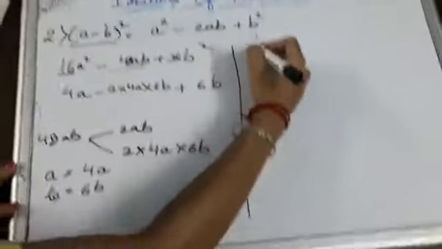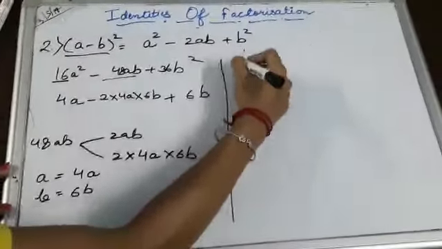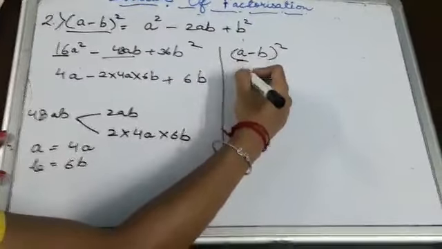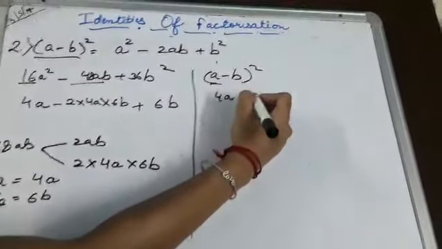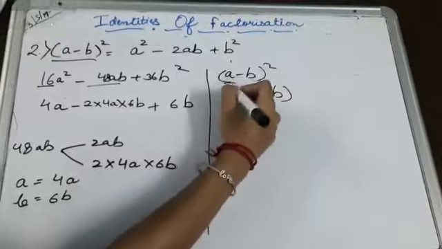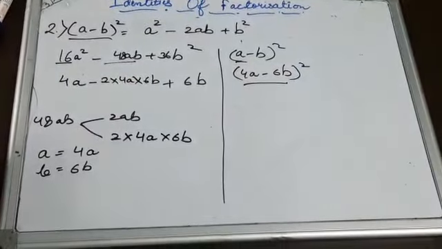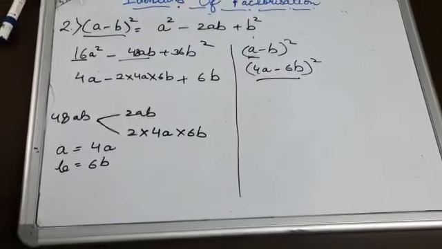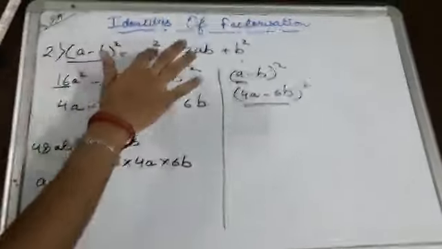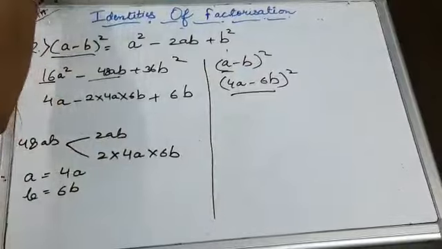So we write it in this form, that is a minus b whole square. In this way we find the factors of this identity, that is a minus b whole square, that is a square minus 2ab plus b square.